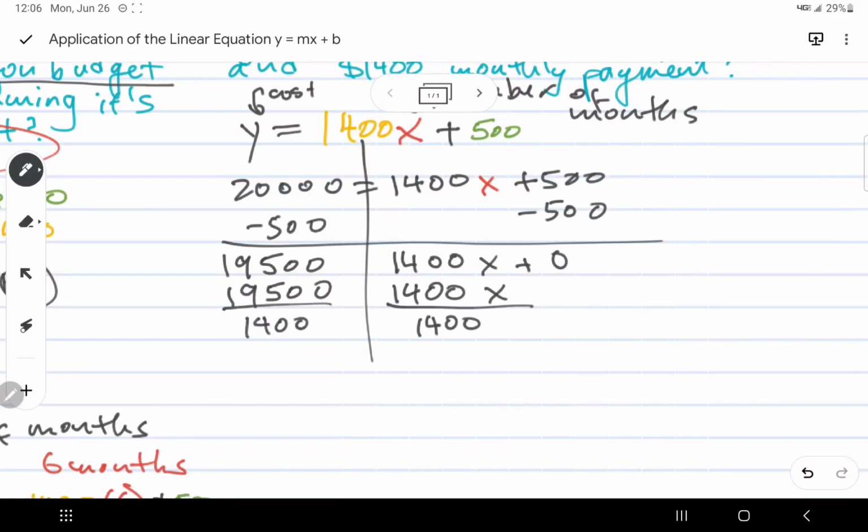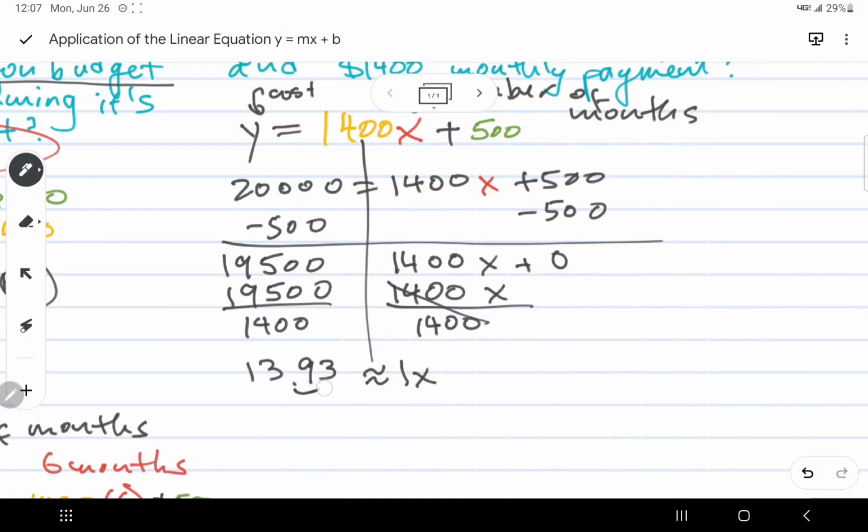So 19,500 divided by 1,400. And that gives you approximately, so this symbol is like an approximate symbol, 1x because 1,400 divided by 1,400 is just 1x. And you get 13.92, let's round it to the nearest hundredth.